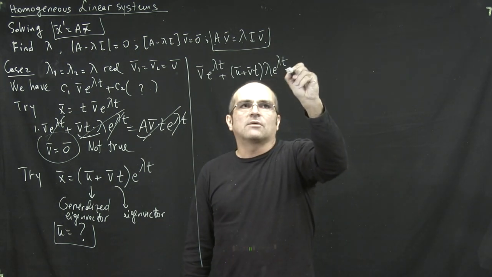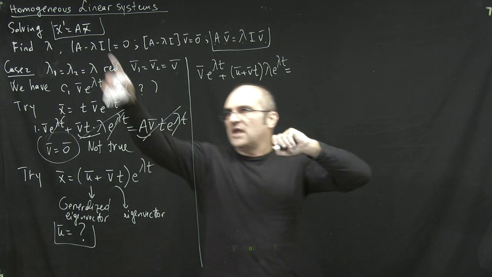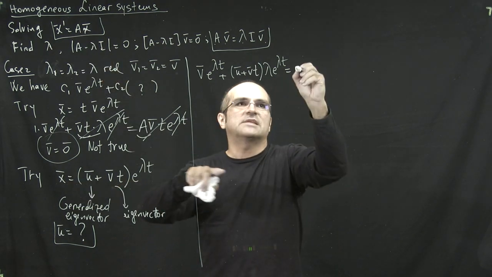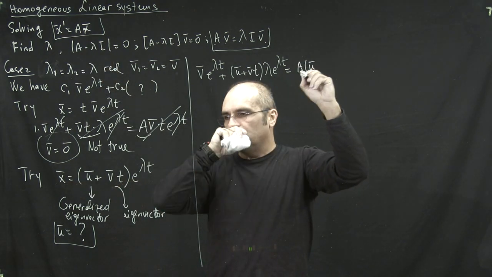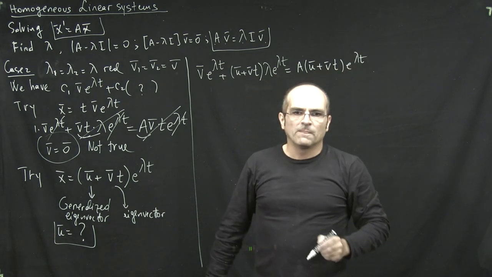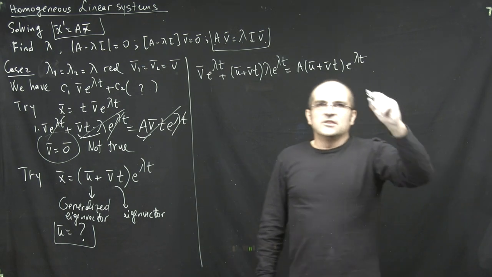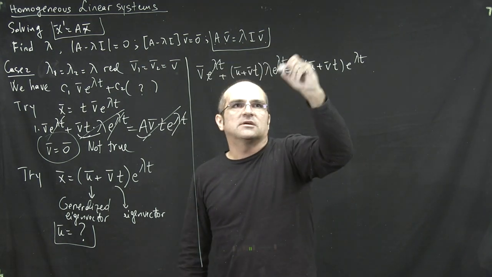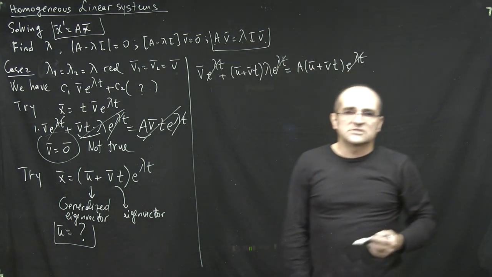And the right hand side will be the matrix times x bar, so that's A times u plus vt, e to the lambda t. So again, the goal here is to provide myself with a means to find this u bar.